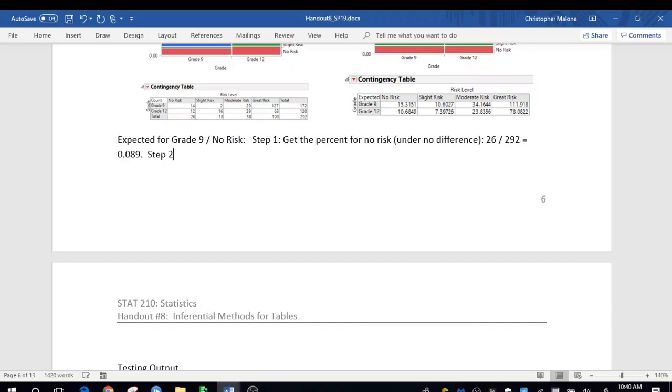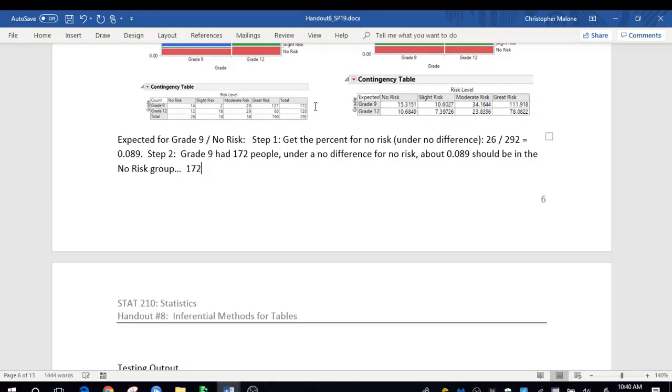And then step 2 is to simply take, for grade 9, I had 172 people. So grade 9 had 172 people. And under a no difference situation for no risk, about 0.089 should be in the no risk group.